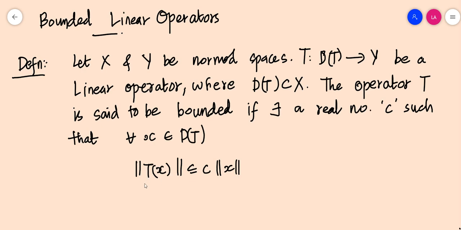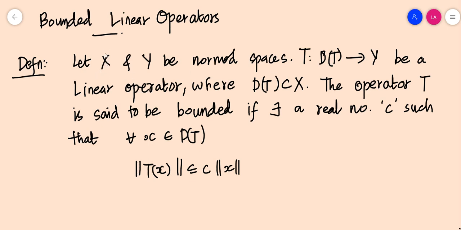Please understand that Tx is an element of capital Y, so the first norm is the norm in capital Y, and x is an element of D(T), a subset of capital X, so the second norm is the norm in capital X.